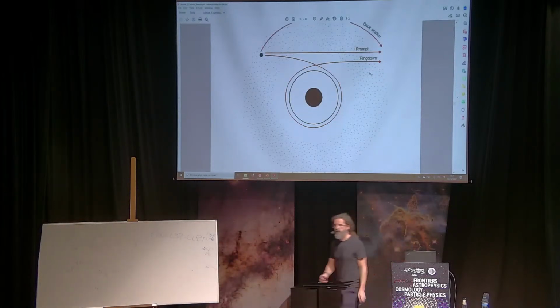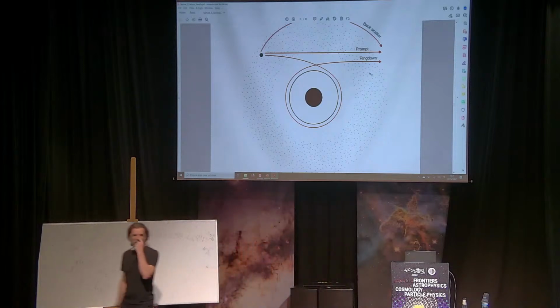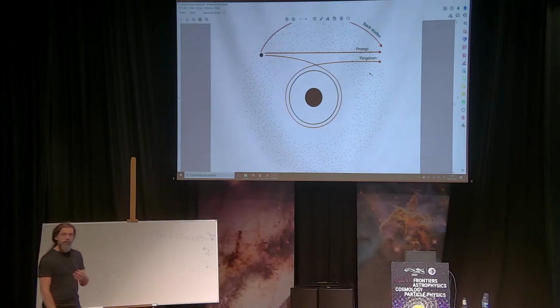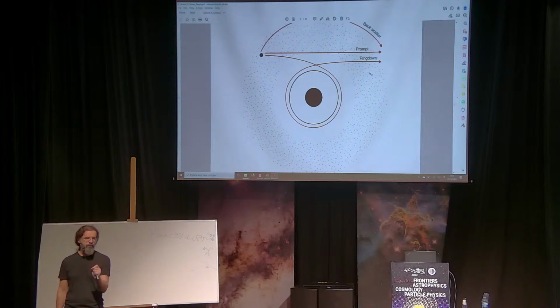I'm not going to discuss this, but this also poses an interesting challenge. Suppose I ask you, how can we find proof that there's a horizon in the spacetime? Suppose I'm out to show that black holes exist. How do we do this?